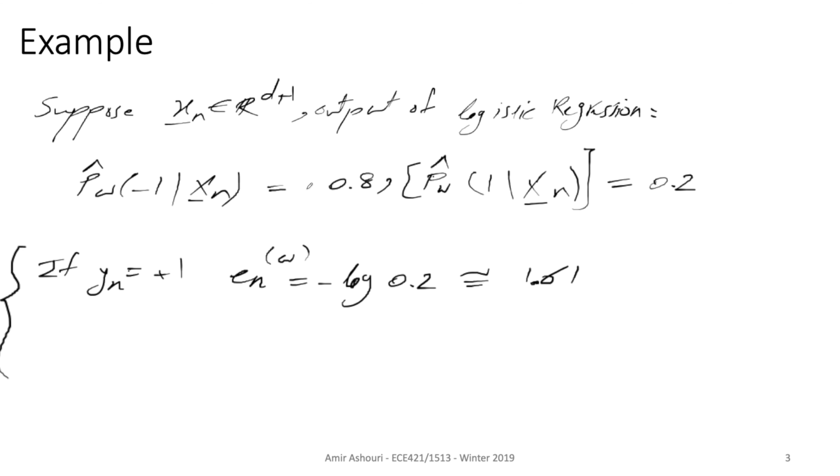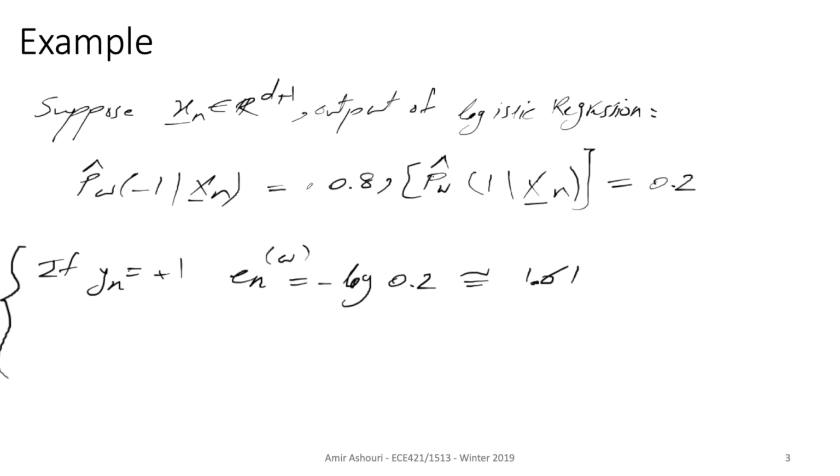Thus, if you calculate the loss function, the En of W, for the case that Yn was 1, so you had the true value, so you had the condition happen, such as the patient is sick, when you took a look at your historical data, you found out the patient actually had cancer, or was sick given those characteristics.